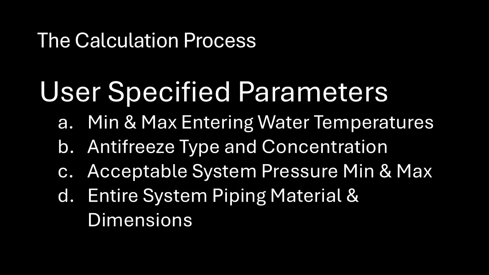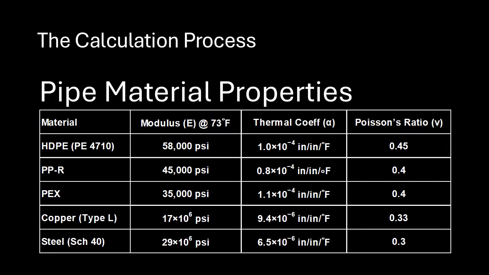And throughout the system modeling process, virtually every foot of pipe is defined by material, diameter, and length. Each pipe material has its unique set of characteristics that affect expansion due to both temperature and pressure. It is clear that all the plastic materials have a significantly lower modulus of elasticity as well as larger thermal expansion coefficients.